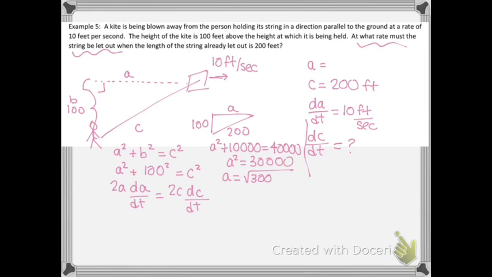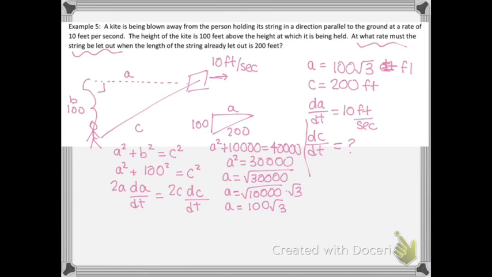So if you want to simplify that, as you know, 10,000 is a perfect square. So we could factor out 10,000. And we would be left with 100 root 3 for A. Okay, so A is 100 root 3 feet.